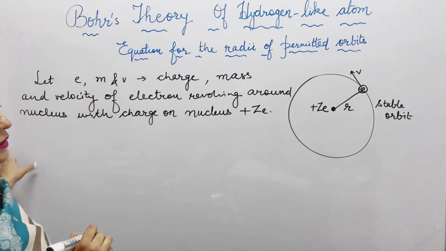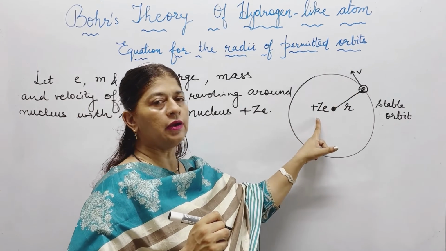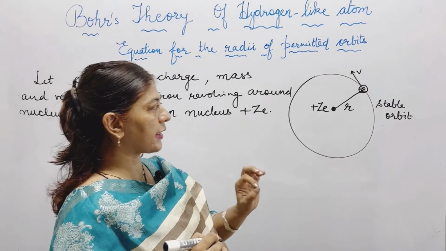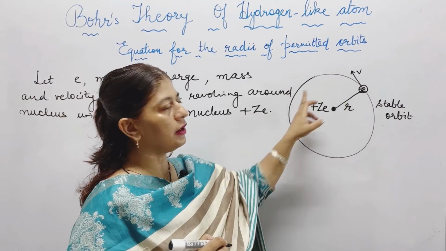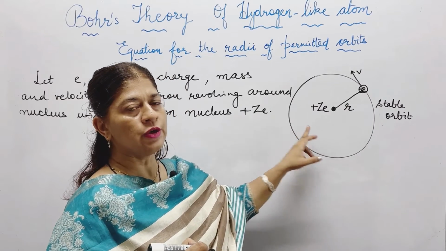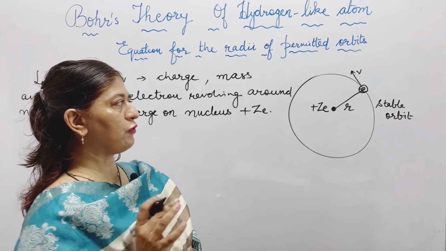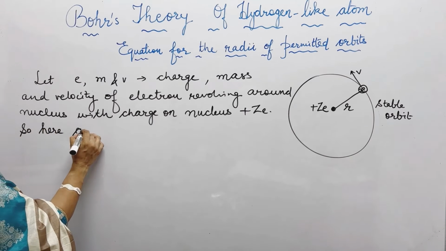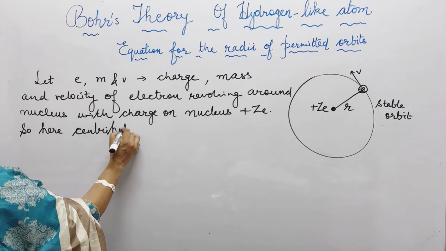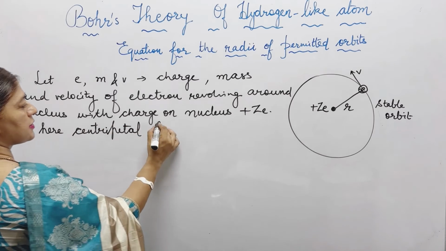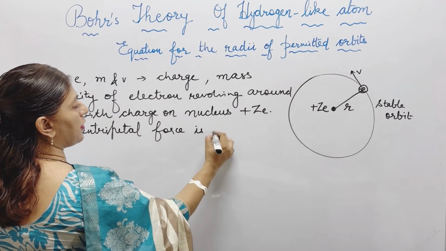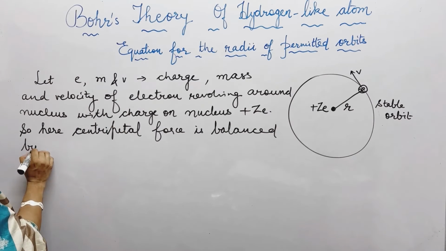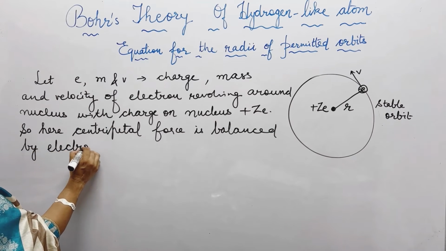If we see, these are charged particles, they have an electrostatic force of attraction because of opposite nature. And the second thing is, it is revolving around a stable orbit in a circular motion, so it possesses the centripetal force. So here, the centripetal force is balanced by the electrostatic force of attraction.